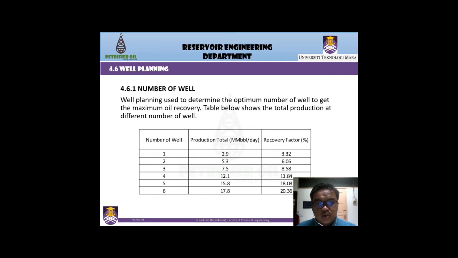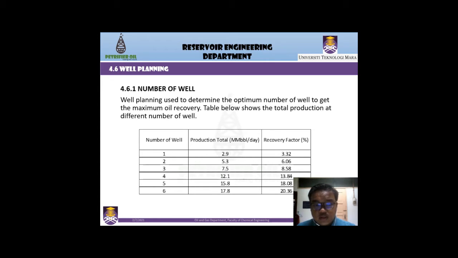We move to 4.6 well planning, number of wells. The well planning is used to determine the optimum number of wells to get the maximum oil recovery. The table below shows the total production at different numbers of wells. Generally, we are expecting 6 numbers of wells that can give different total production.